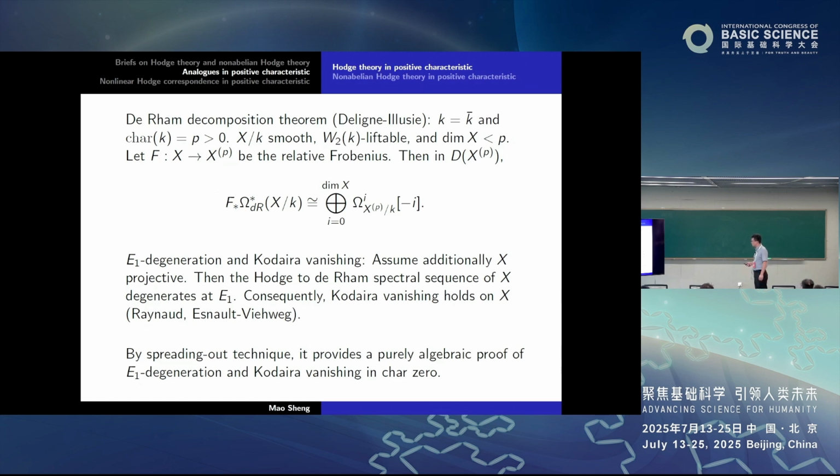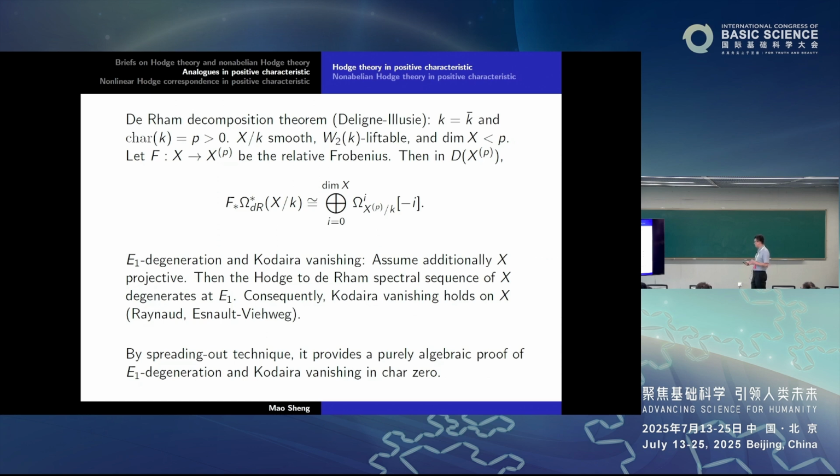K is algebraically closed of positive characteristic p, and X is smooth and W2(K) liftable. The liftability means that you have a deformation along p. So W2(K) has maximal ideal generated by p, and modulo p it is K. So it's a thickening, right? It's a deformation.